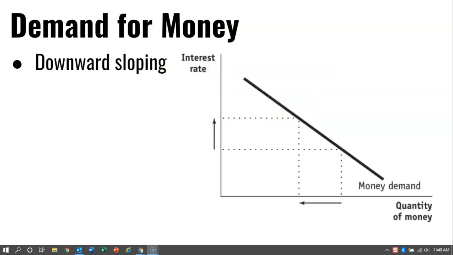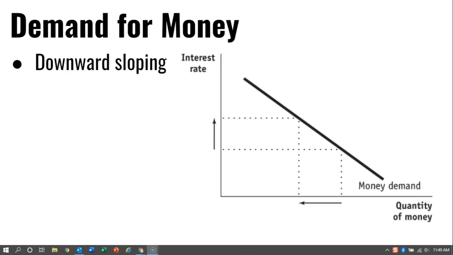The money market graph is drawn with the vertical axis being the nominal interest rate, and the horizontal axis is the quantity of money, either demanded in the economy or being supplied in the economy. The demand for money is downward sloping, and it's based on opportunity cost.